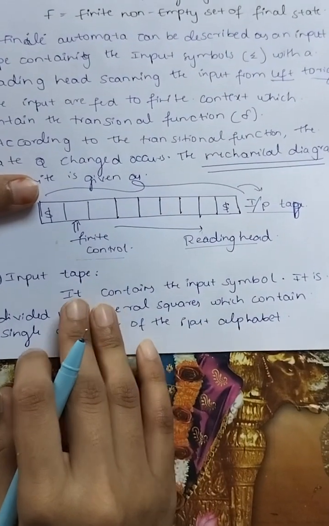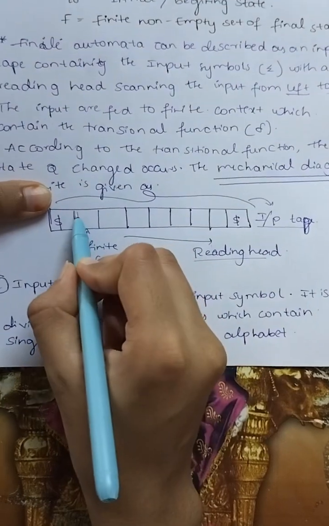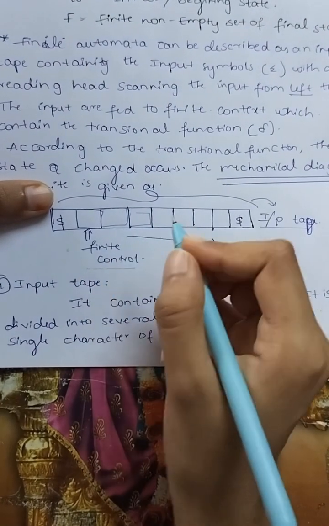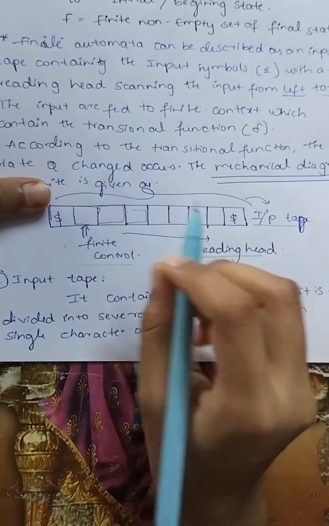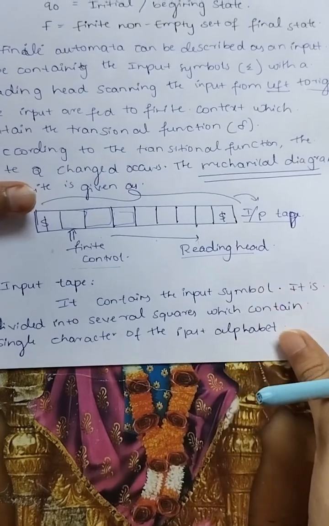So here we say again that this is divided into several squares, which we have seen in the diagram. These are called squares, which contain a single character of the input alphabet. So each character can be held in a single square. We have seen it in this way.